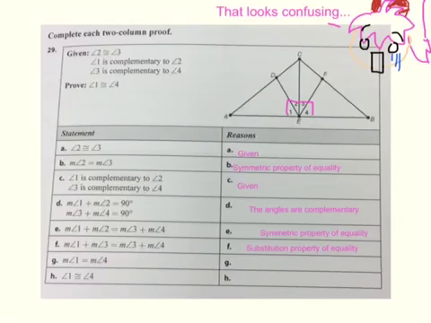So for this one, we would have the subtraction property of equality. And you don't need to memorize them all, but it helps if you make a chart or a note of each of them in your notebooks.